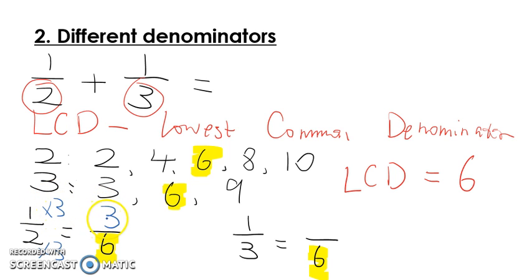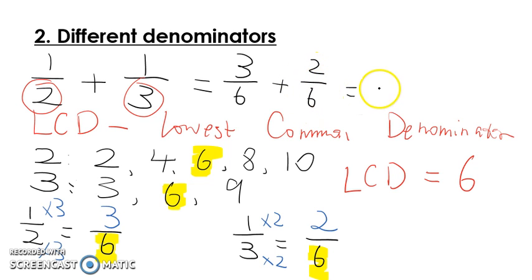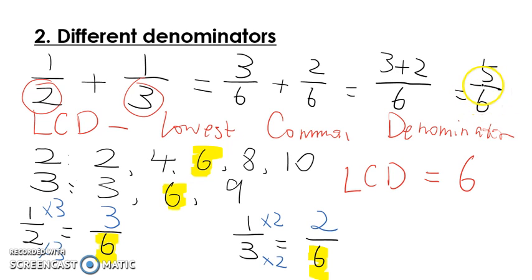So the number here will be 3 out of 6. And 3 multiplied by 2, and 1 multiplied by 2, so the top would be 2 over 6. Hence, the next step, going back onto here, write 3 out of 6 plus 2 out of 6 equals, with 6 as the same denominator, 3 plus 2, which would equal 5 over 6. And that is the final answer.